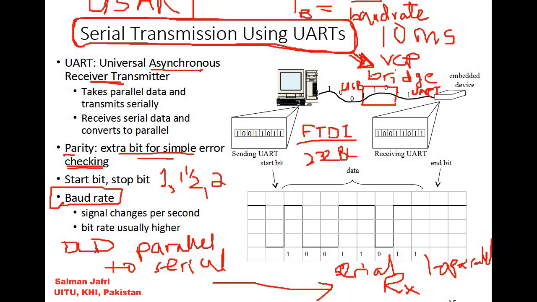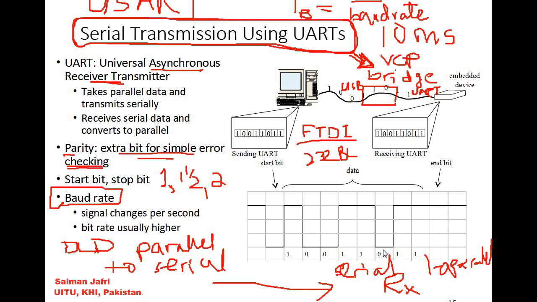So what does the transmitter do in asynchronous mode? It first transmits the start bit, which is a signal to the receiver to get alert because the transmitter is transmitting the data. Then the data bits are transmitted after the start bit, and to complete the frame, the end bit is transmitted.